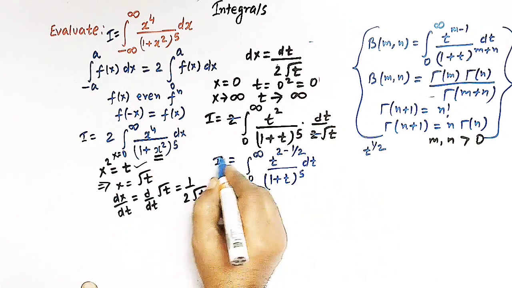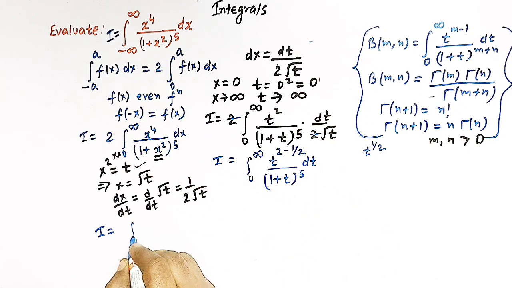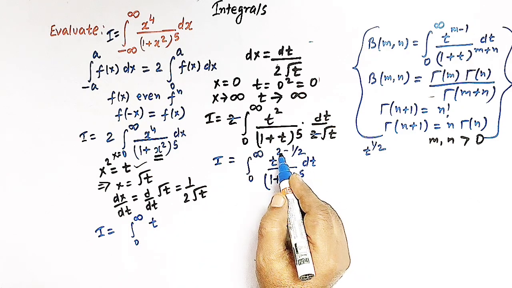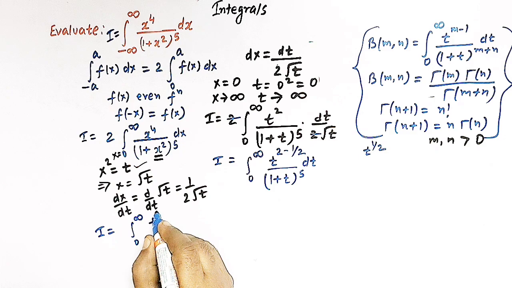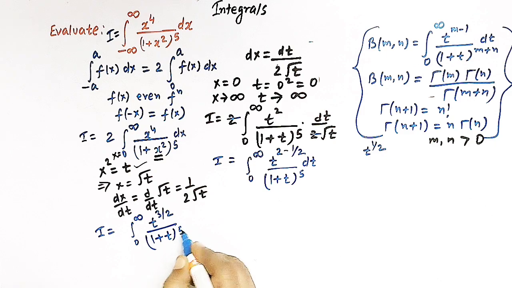So now this integral I is equal to 0 to infinity, t raised to 2 minus half is 3 over 2, over 1 plus t raised to 5, dt.